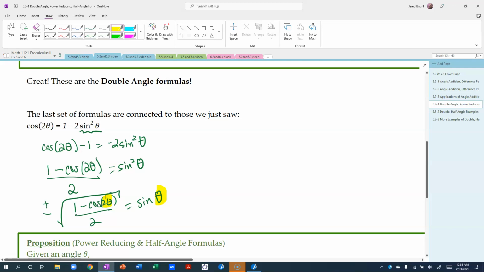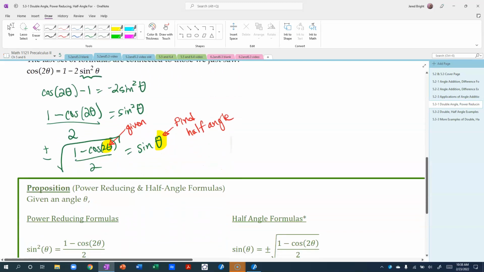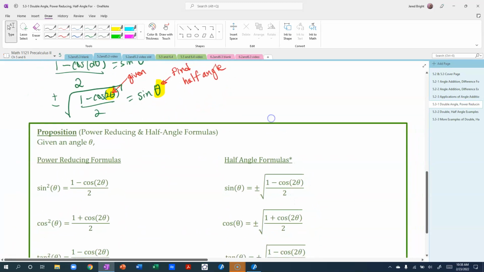Or equivalently, we could call this a half angle formula in the sense that if we're given 2 theta, then we find half of that angle. Theta is half of 2 theta.